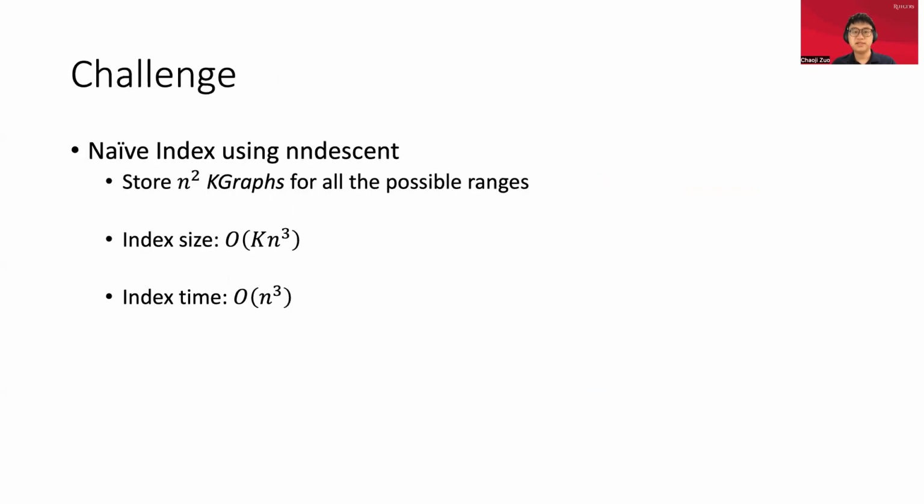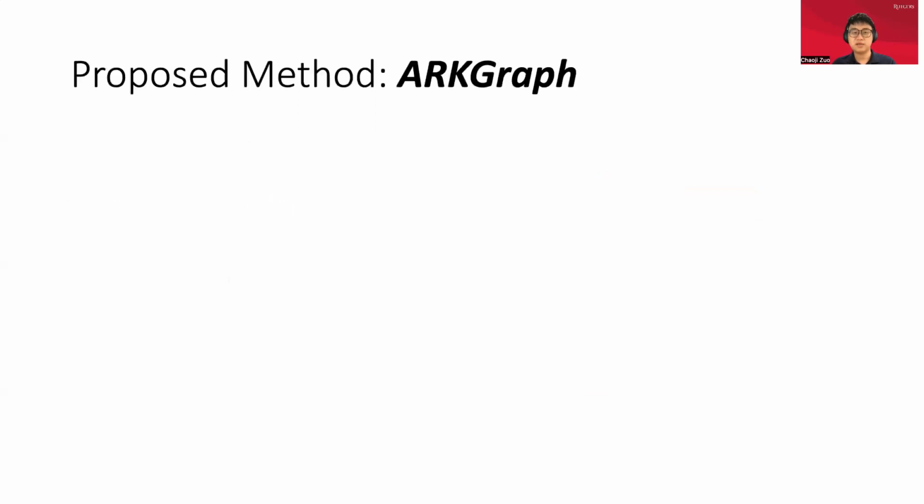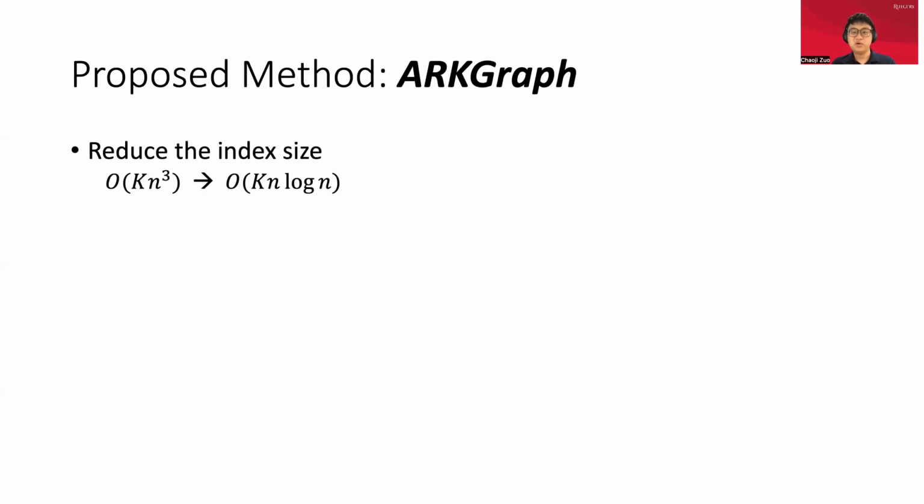The challenge here is that a naive index using the NN-Descent needs to store the n-squared K-graphs for all the possible ranges, which means the index size is large, and the index time is also large. So we propose the ArcGraph to solve these challenges. And with our approach, we can reduce the index size from O(Kn^2) to O(Kn log n).